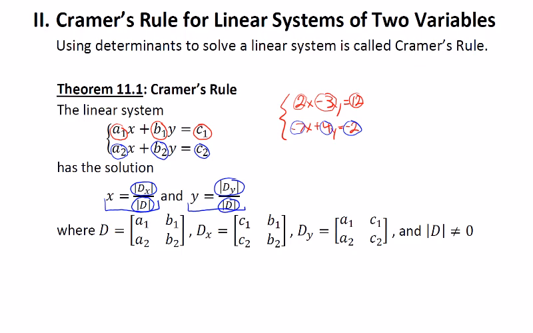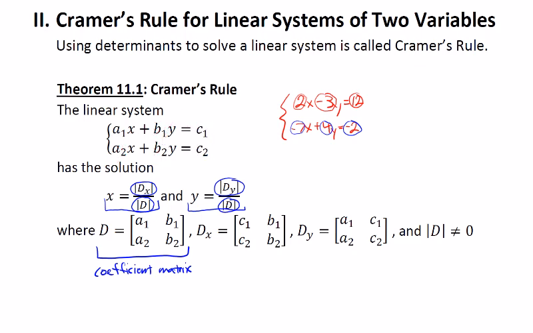Well, it tells us that here as well. It says where D is equal to the following matrix, and it says a1, b1, a2, b2. So this matrix D right here, this is what I like to call the coefficient matrix, because it is focusing specifically on the coefficients from the system. So let me wipe the system clean if I can.